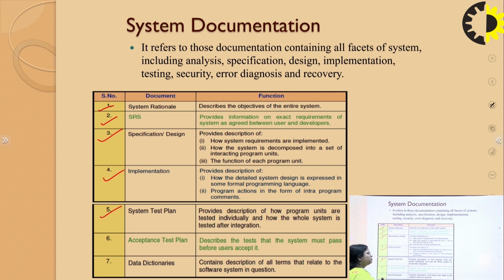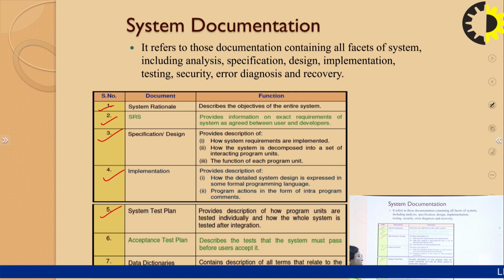Next is the system test plan, which provides the description of how program units are tested individually and how the whole system is tested after integration. Next is the acceptance test plan, which describes the tests that the software must pass before users accept it. Data dictionaries are descriptions of all terms that relate to the software system in question.